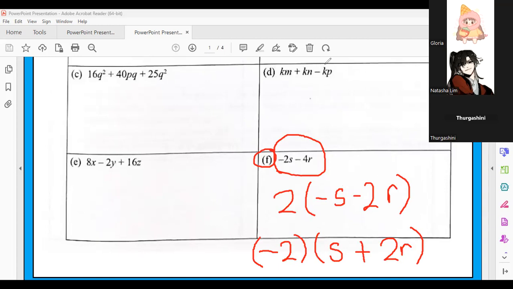Why? Because this times this is negative 2S. But negative 2 times positive 2 gives you a negative 4R. You understand? So if you took out negative 2, this is how it will be looking like. Okay? Good. Well done.